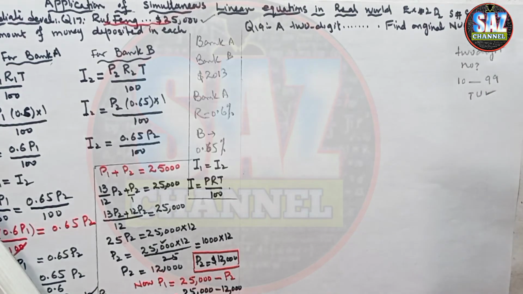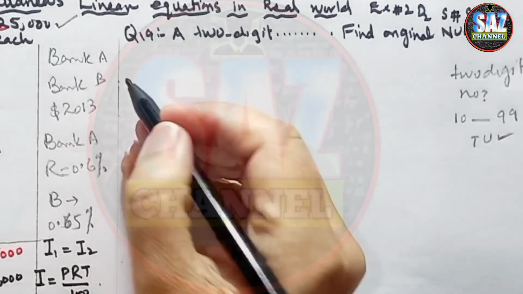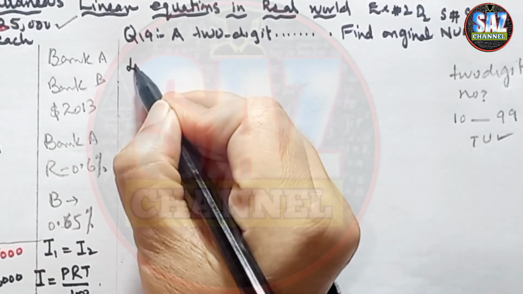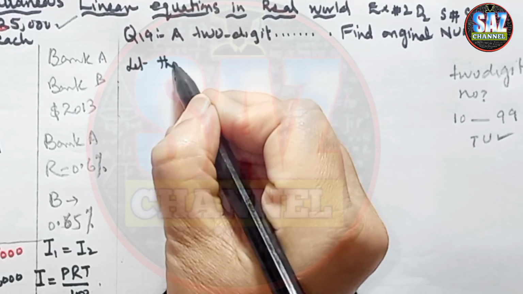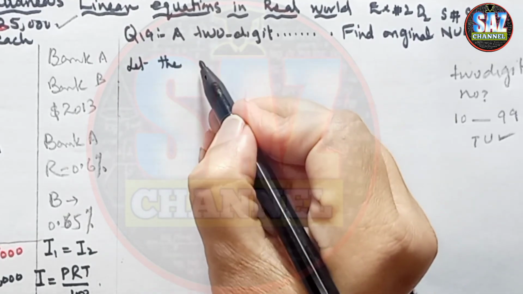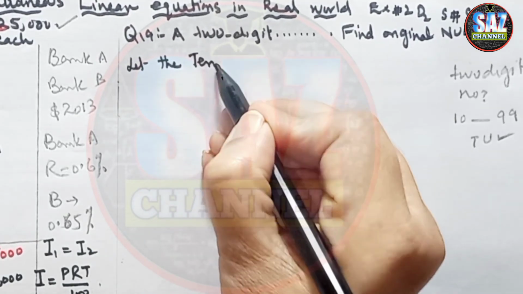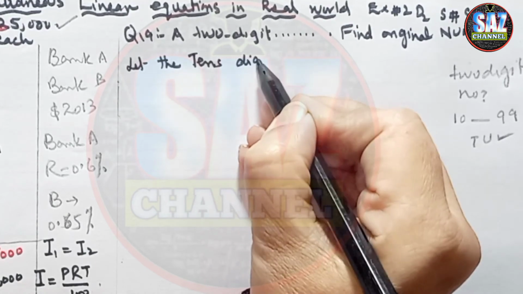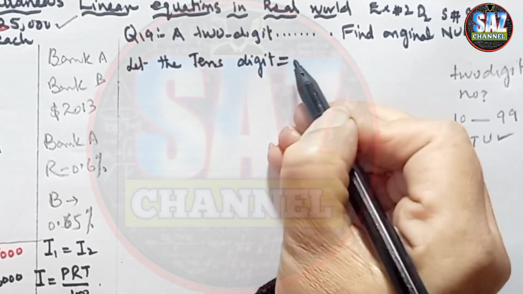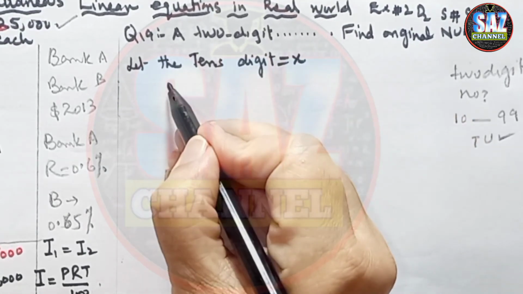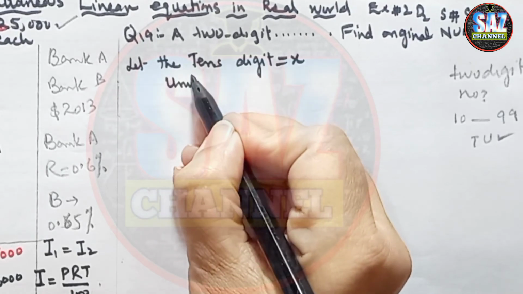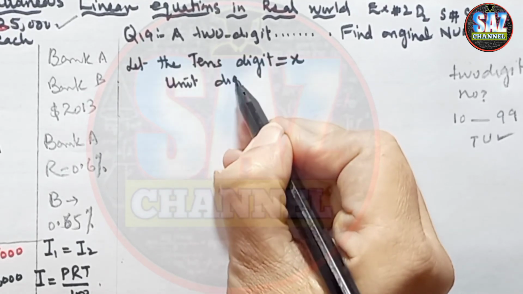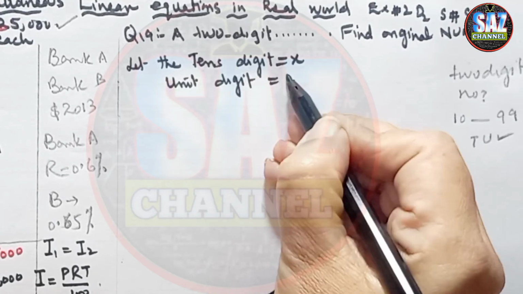Let's suppose the tens digit be x, tens digit equals x, and the unit digit equals y.